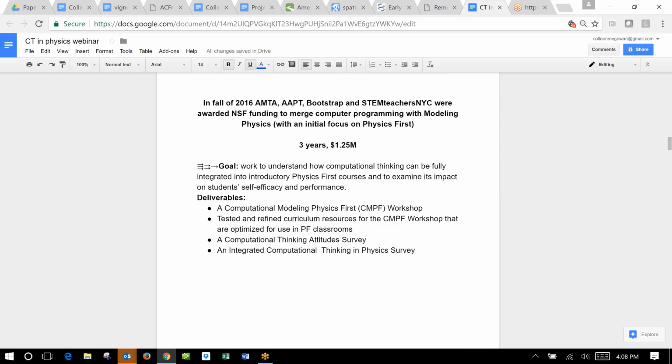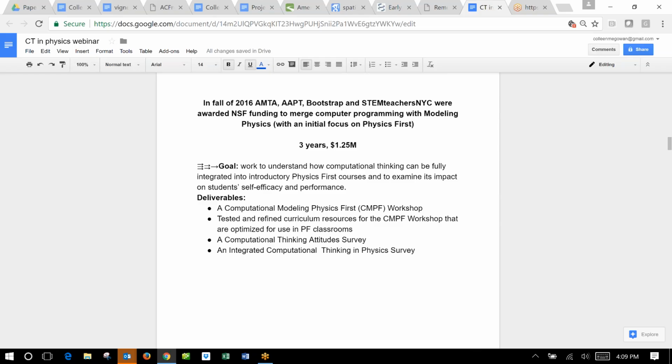An attitude survey for both teachers who are in the workshop and for their students, an attitude survey toward computational thinking. And then finally, an assessment that's really a physics assessment, but it's a physics assessment that requires them to use a perspective of computational thinking to respond to survey items.